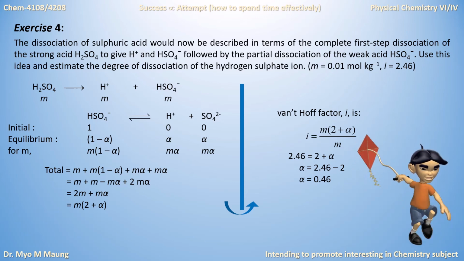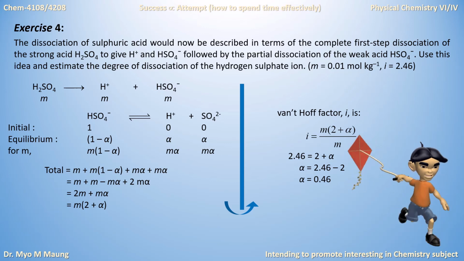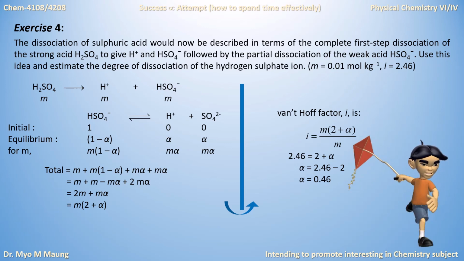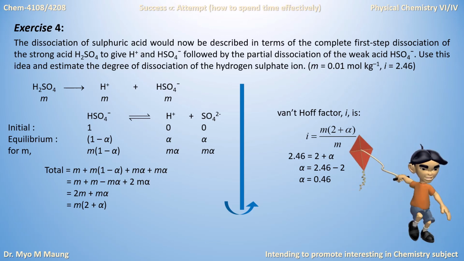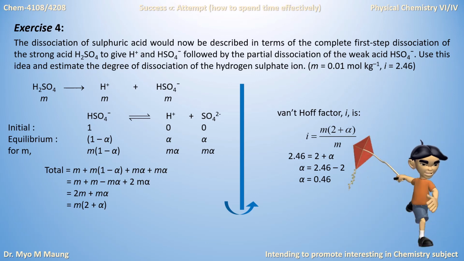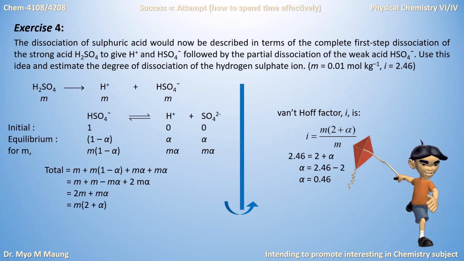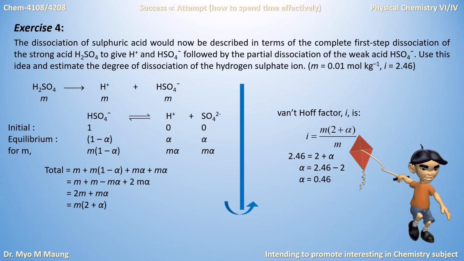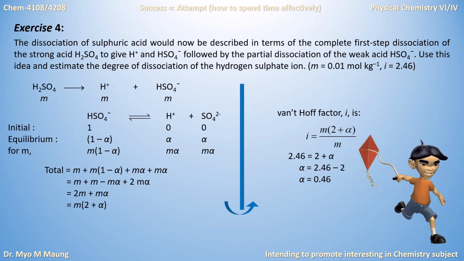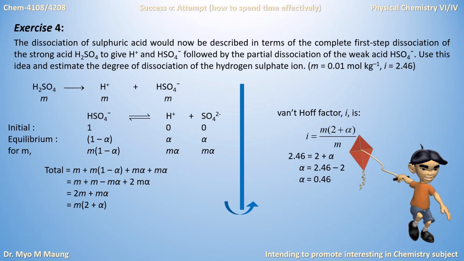As total equals m plus m into (1 minus alpha) plus m alpha plus m alpha. Then, m plus m minus m alpha plus 2m alpha equals 2m plus m alpha. So, total equals m into (2 plus alpha). After that, we consider the Van 't Hoff factor, i equals m into (2 plus alpha), divided by m.